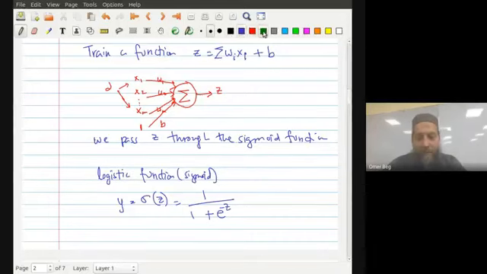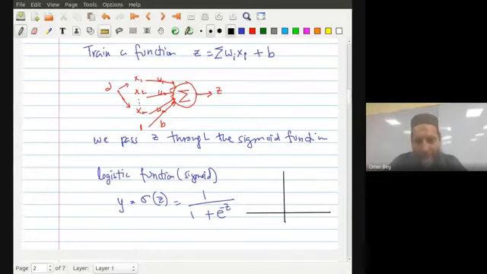So in essence, this sigmoid function would look like this. This is the x-axis.